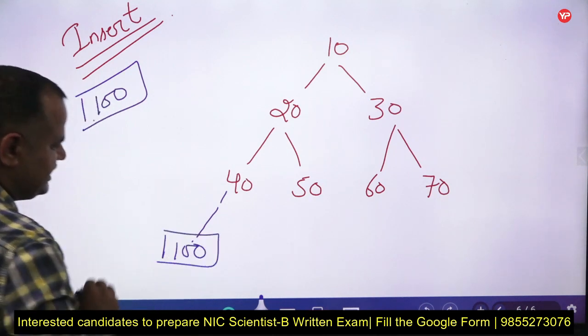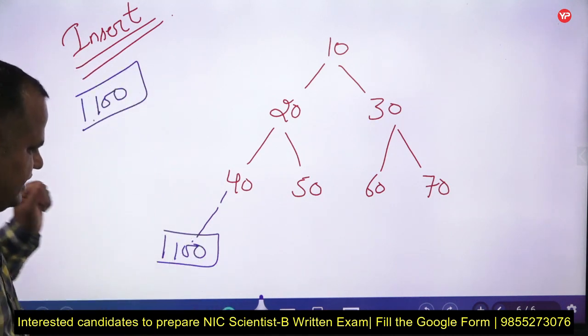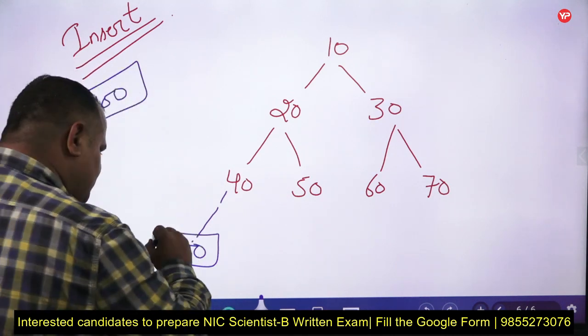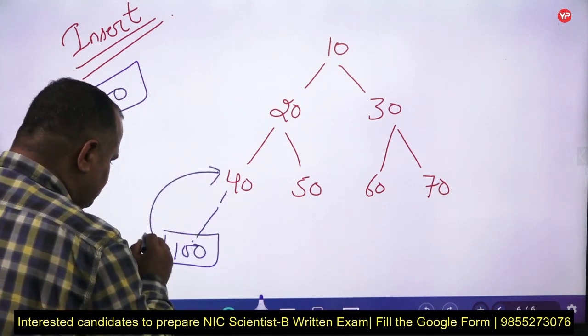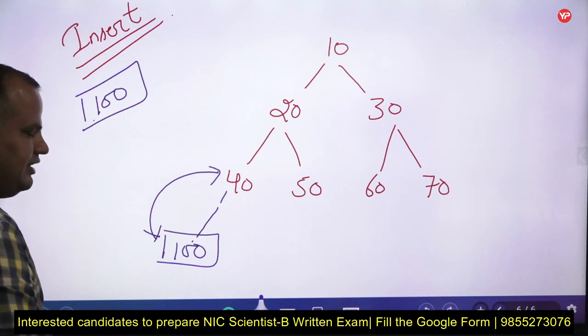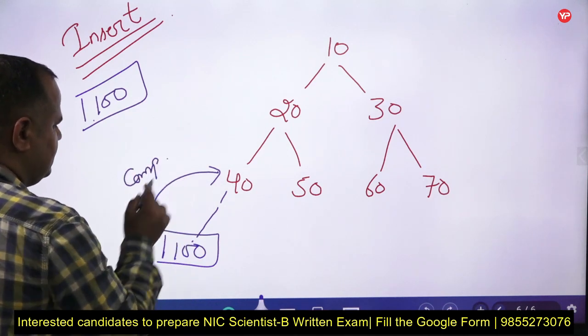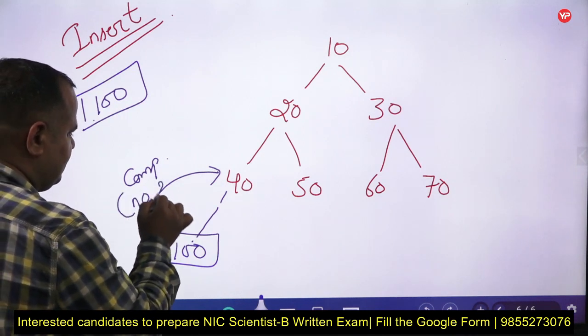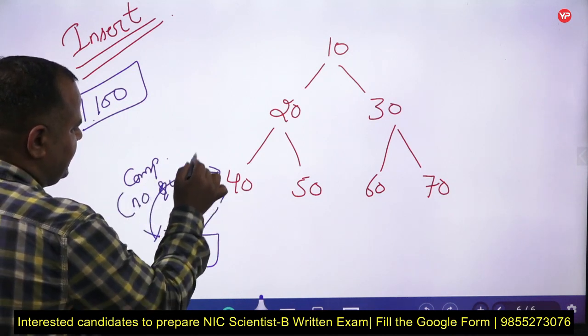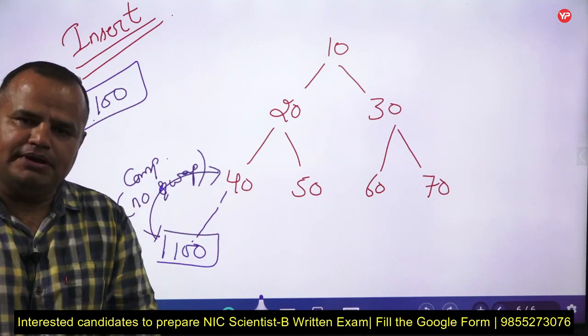Now after inserting the element 100, I have to compare. Can you tell me, is 40 less than 100 or not? Yes. So only a comparison is required, but in this case no swap is required. It follows the property of min heap.